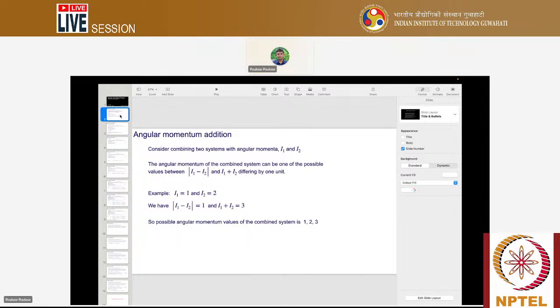Angular momentum in quantum mechanics is a vector quantity, but it is not exactly like a classical vector.